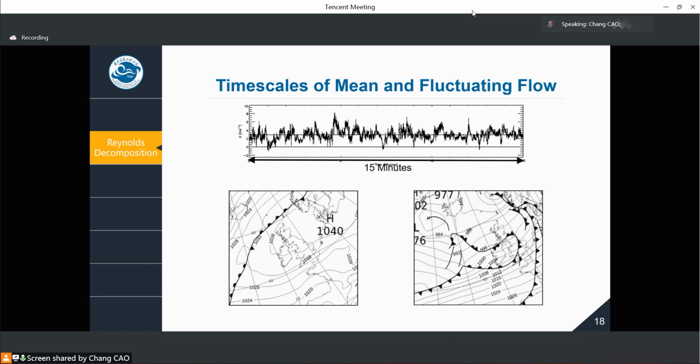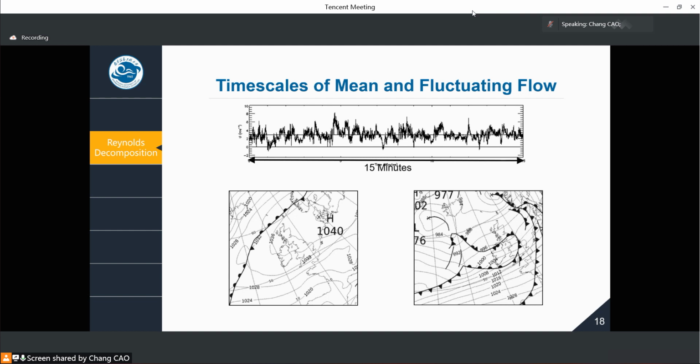Hence, the conditions that the Reynolds averaging must satisfy to be well posed are satisfied by a wide margin, which means that under this kind of mean flow, since the variations are usually from hours to even days, the requirement of the Reynolds averaging can be satisfied by a wide margin.